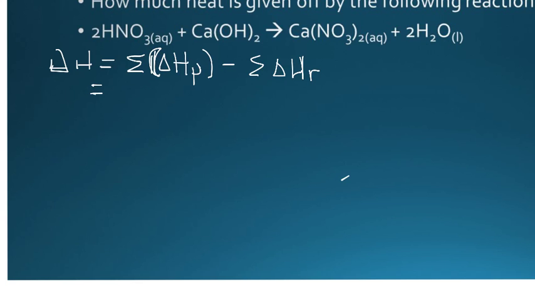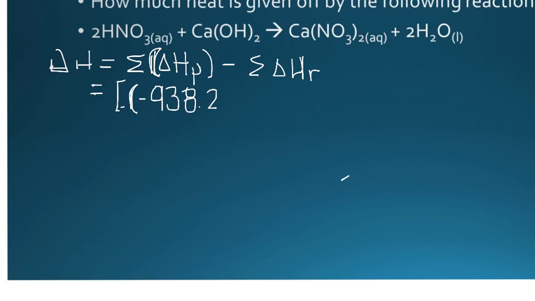So the delta H for the Ca(NO3)2 from the table is negative 938.2.